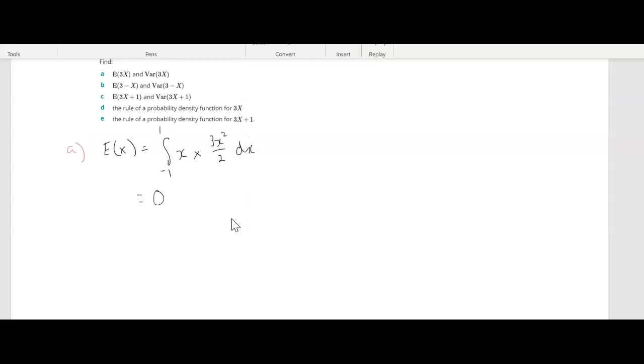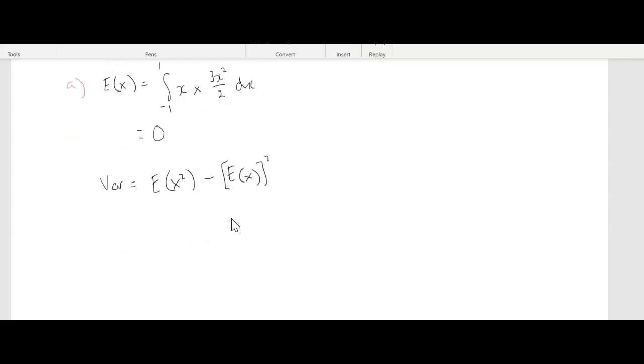All right, so now to get the variance, it's E of x squared minus E of x, all squared. So we do need to quickly substitute in x squared. I'll quickly do that: the integral from -1 to 1 of x squared times 3x squared on 2 dx.